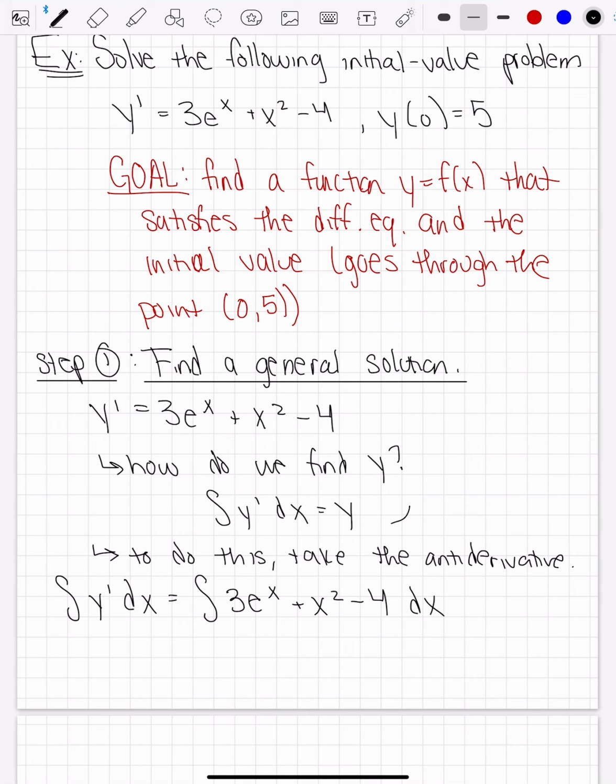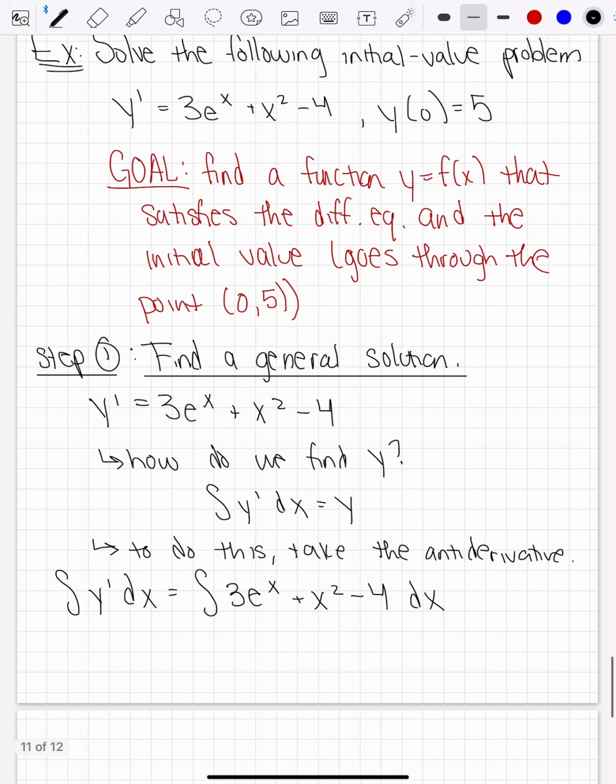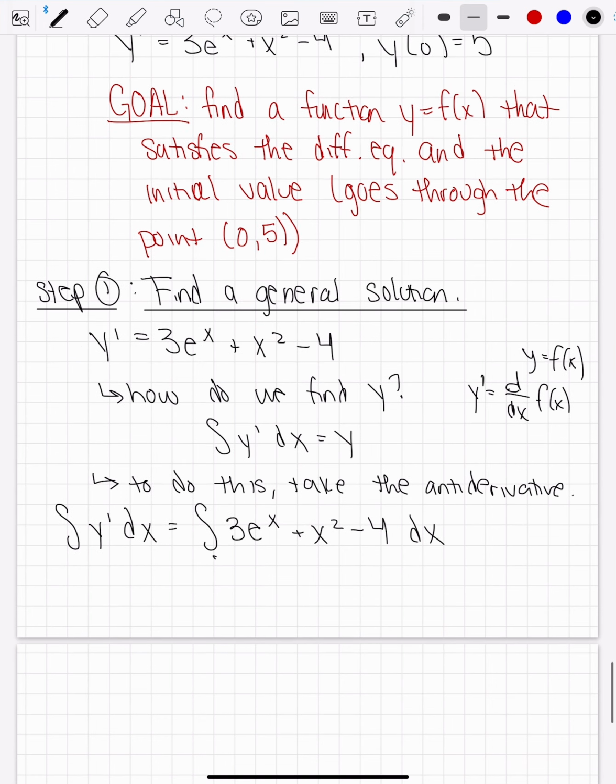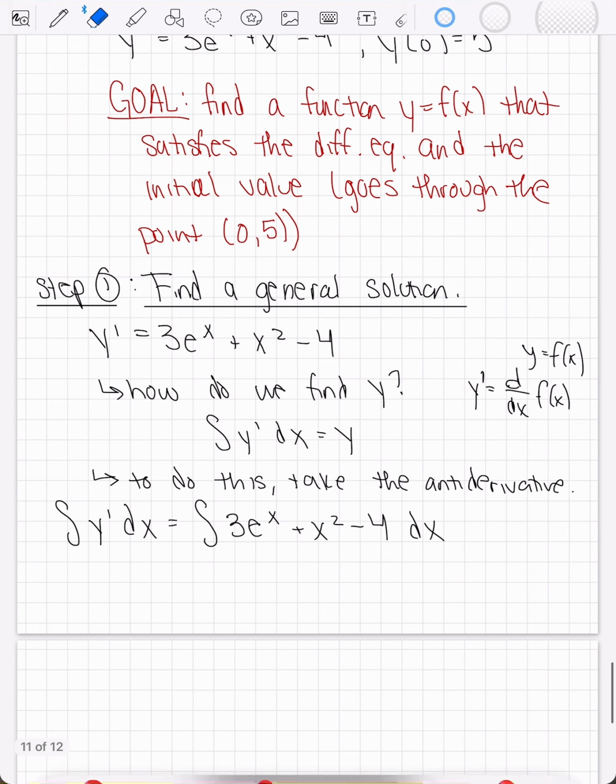And you might be wondering, why the heck is it x when my variable is y? But remember, y prime is representing a function, which is the derivative of f of x, where y is f of x. So y is still just some function of x, which we see here when we plug in y prime.